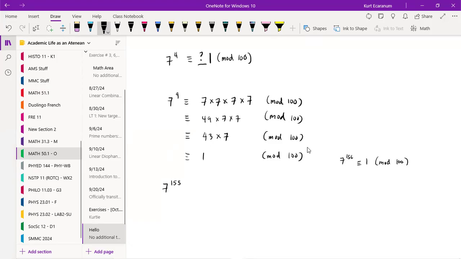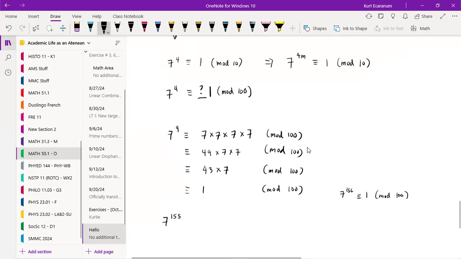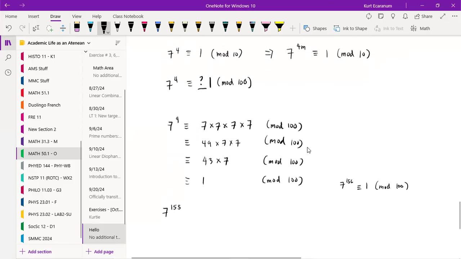Kasi nga, 156 is a multiple of 4. Diba nakita niyo naman kanina, diba? 4m.